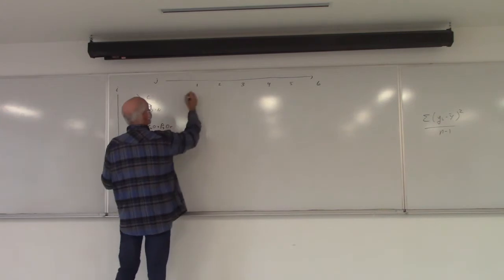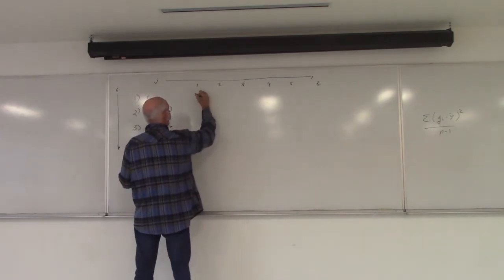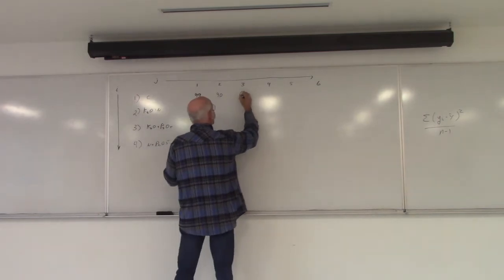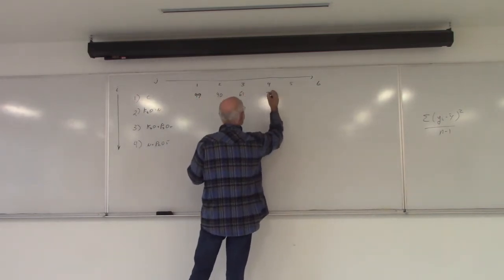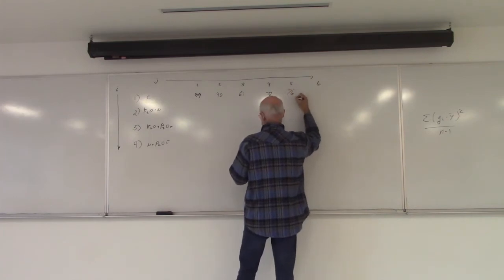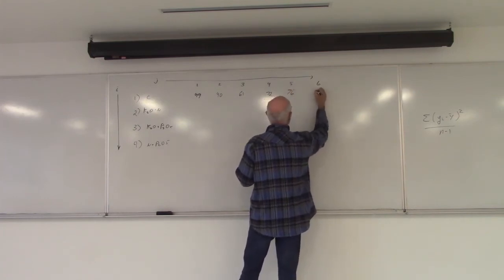So I've got 99 bushels, 40 bushels, 61, 72, 76, and 84.